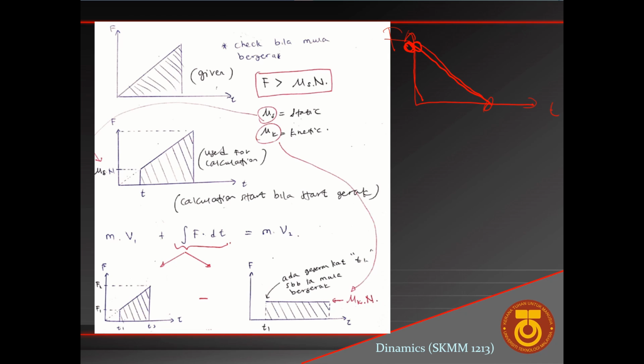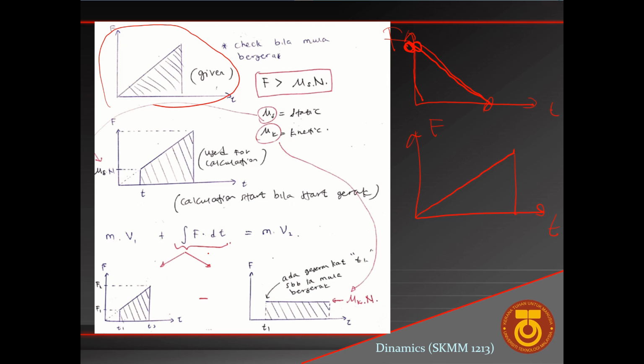Different from this one, here we have the graph where F starts from 0 to some value. From here we still do not know at which time t the component starts moving, so we have to calculate it.